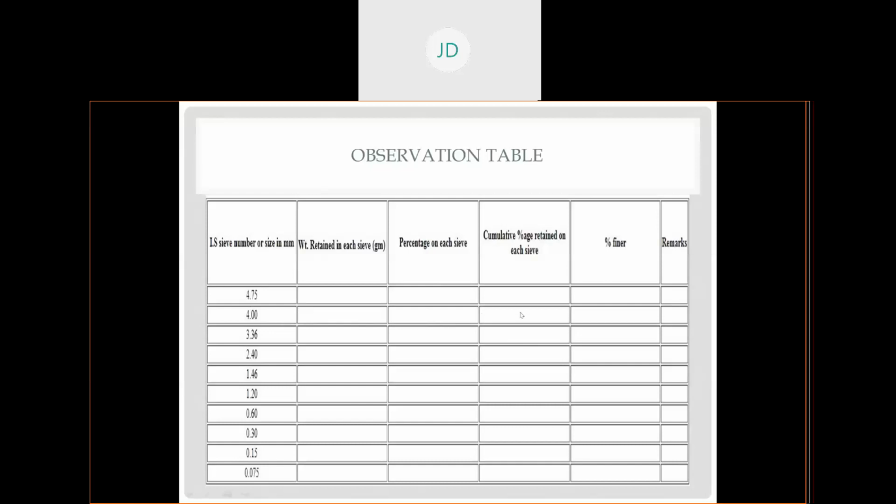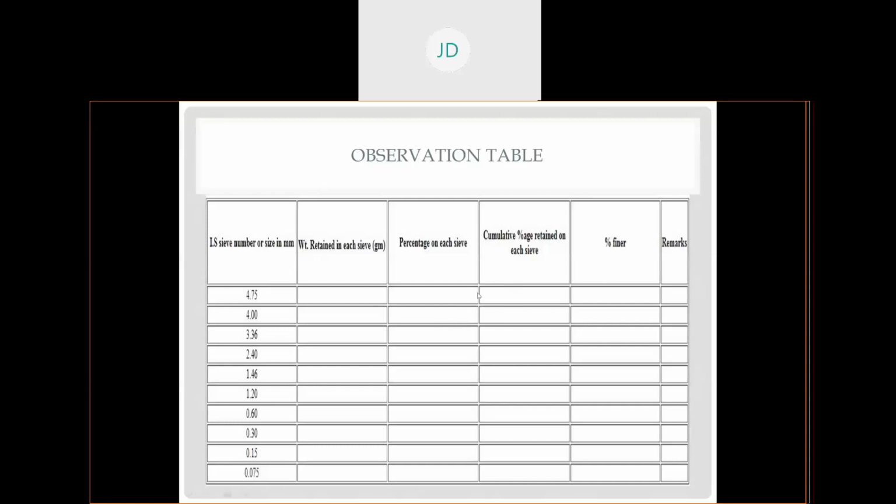Now when it comes to the second sieve, what do we mean by cumulative? We have to take both, that means up to this level. Up to the 4 millimeter sieve size, it is 10 plus 20, how much? 30. So it will come to 30.